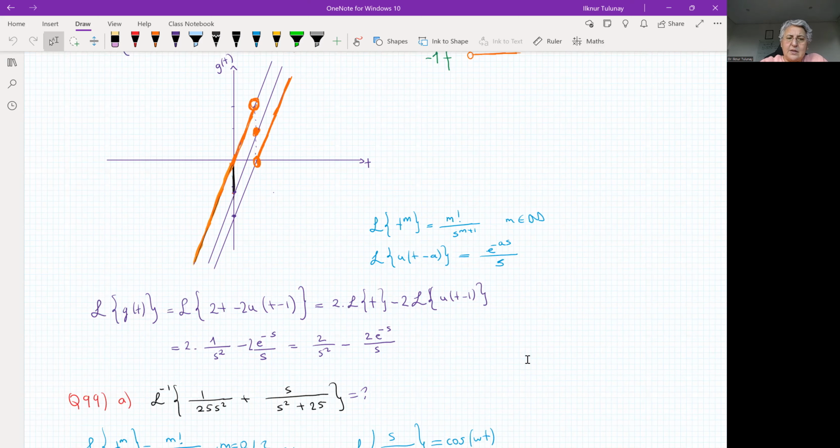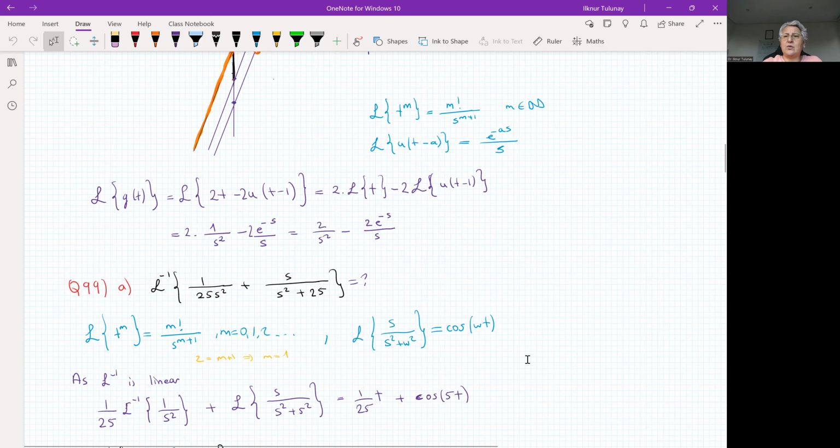Now let's have a look at this one. As we know, we can use the table for the Laplace transform or the inverse Laplace transform. So if this function is given in terms of s, then we can apply the inverse Laplace transform and we will obtain a function in terms of t.